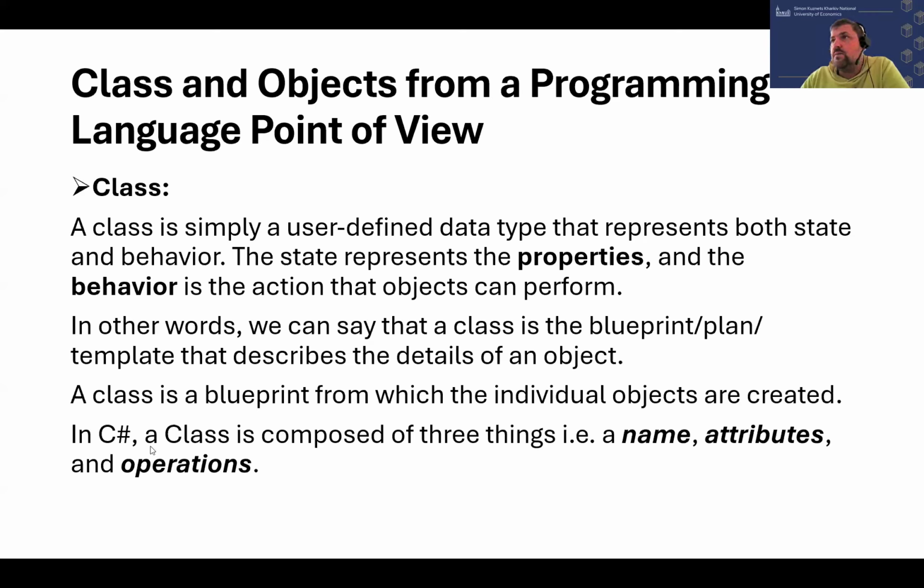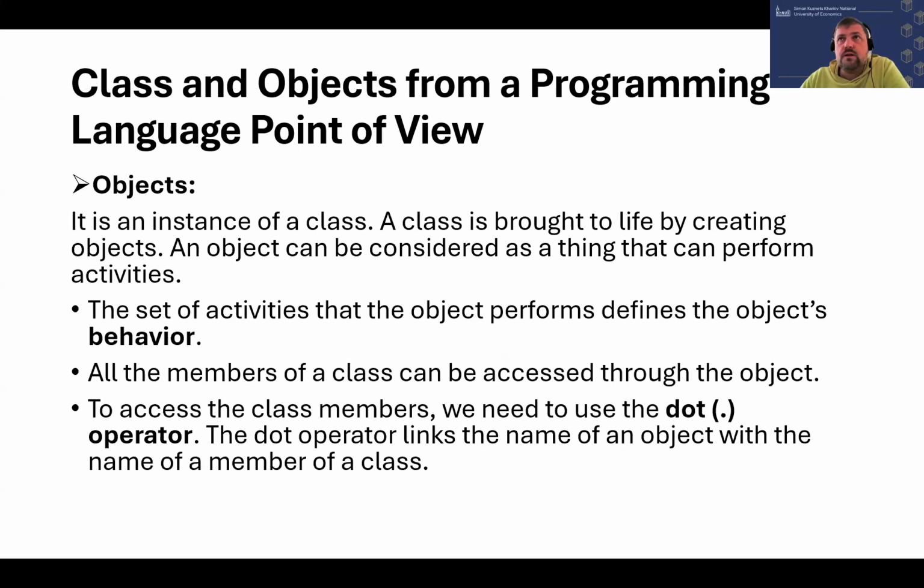So properties are attributes, and operators are behavior, so some commands. On this slide you can see some definitions. An object is an instance of our class, and an object can be considered as a thing that can perform activities.